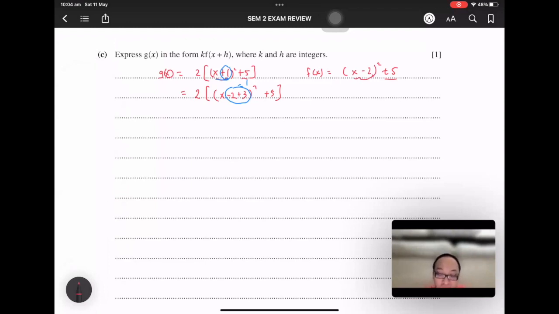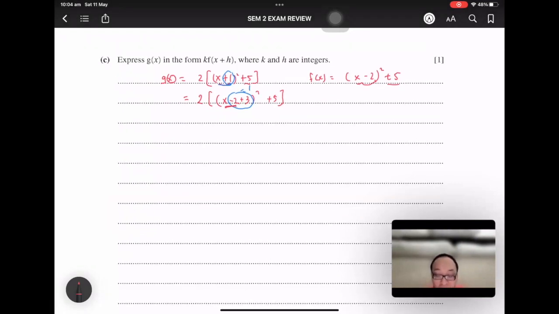So I need to show the x minus 2 here. So I can rewrite this as 2 of (x minus 2 plus 3) squared plus 5. This is the same as f(x plus 3).